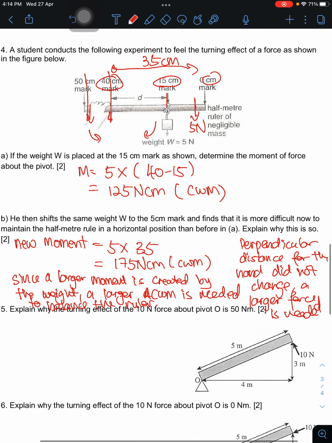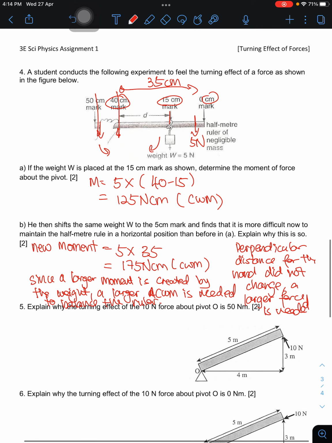Okay, so this is the important part. You need to understand that when the weight is moved further away, a larger moment is generated by the weight. So you also need a larger moment to counter the ruler. Since the distance is constant, the only way to create a larger moment is to exert a larger force. Okay, so this is proving by number.